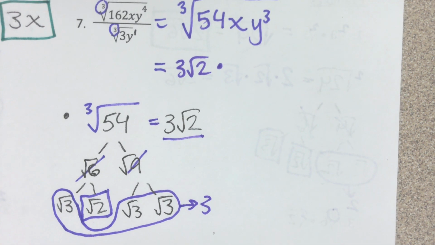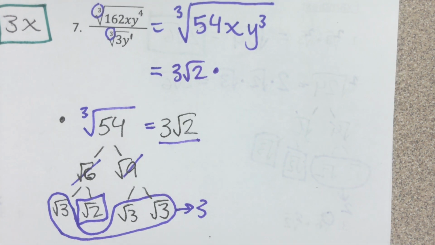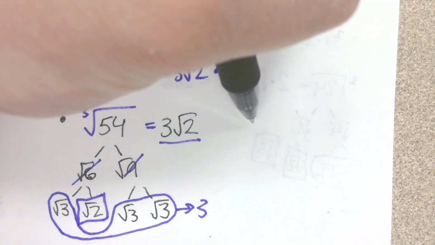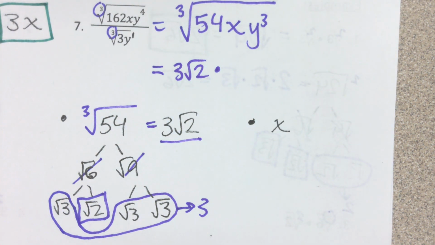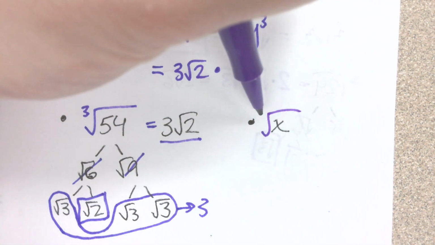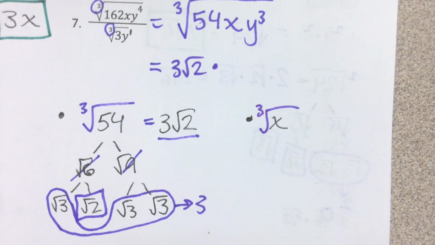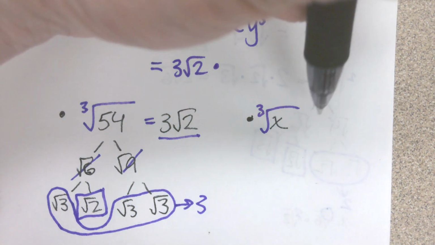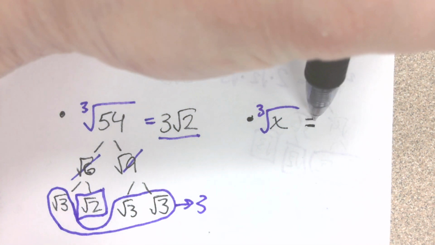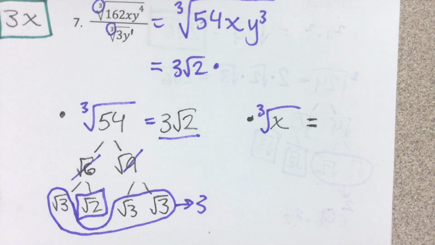And then we have a couple variables to break down. Let's start with the x. X cube root. Now, just to really show what happens here, if you don't already see it, writing it as the fraction is not going to help, so I'm going to write out, this time we just have 1x.